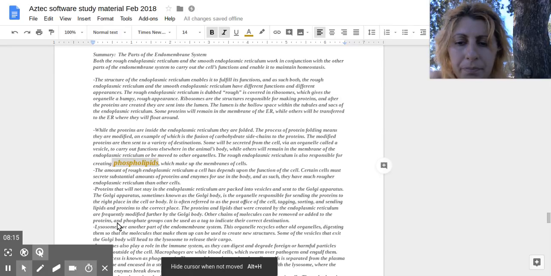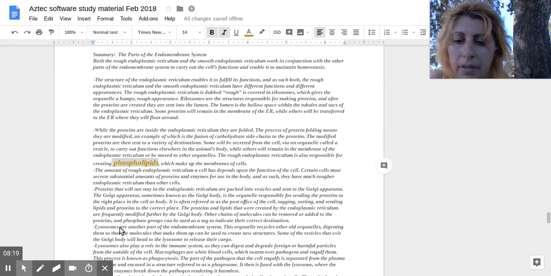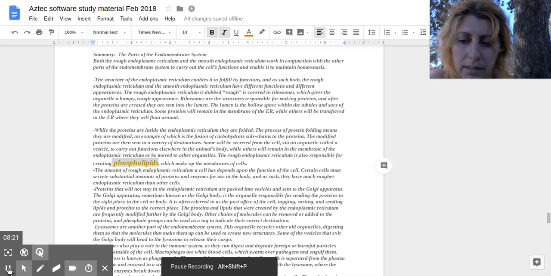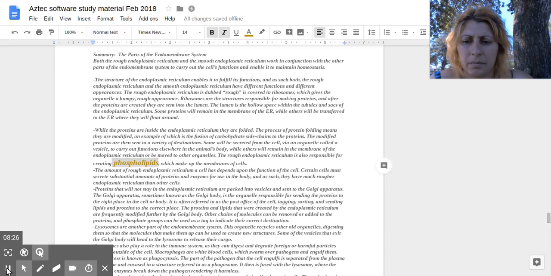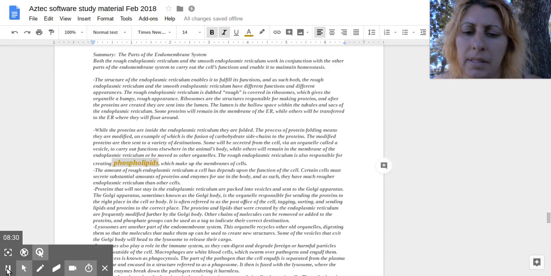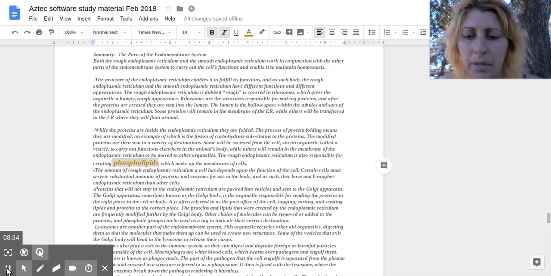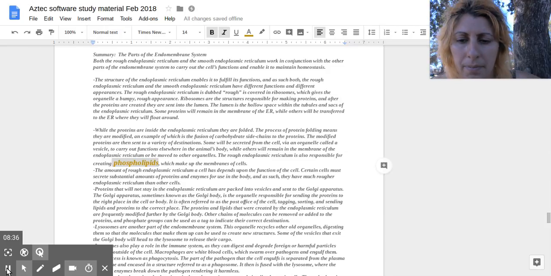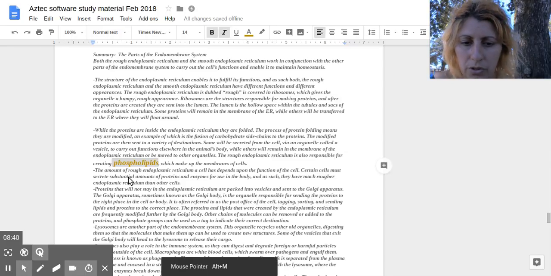So also, lysosomes are another part of the endomembrane system. This organelle recycles other old organelles, digesting them so that the molecules that make them up can be used or recycled to create new structures.